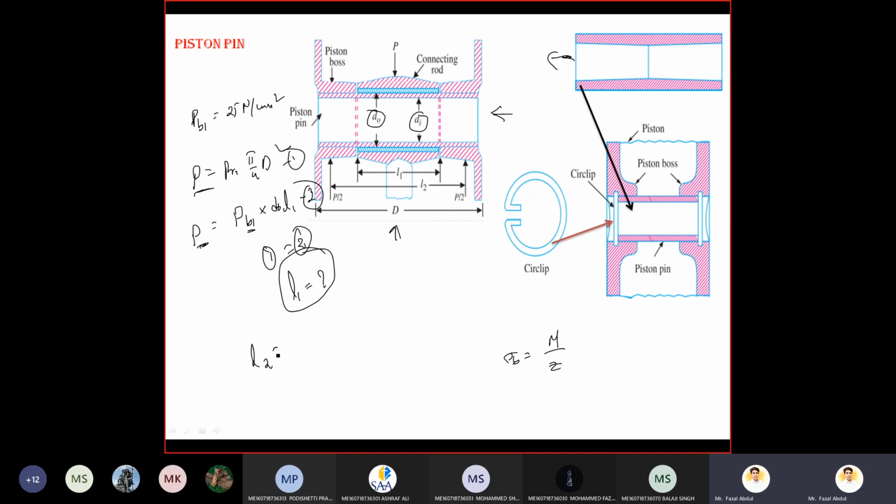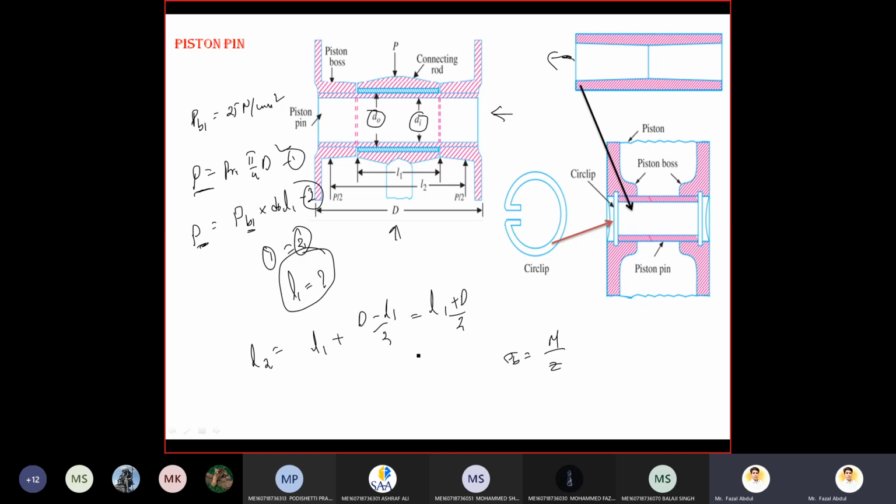L2 is L1 plus this value that we have to add, that is D minus L1 by 2, on both sides. That's the reason I'm making it so. Totally, L1 plus D by 2.